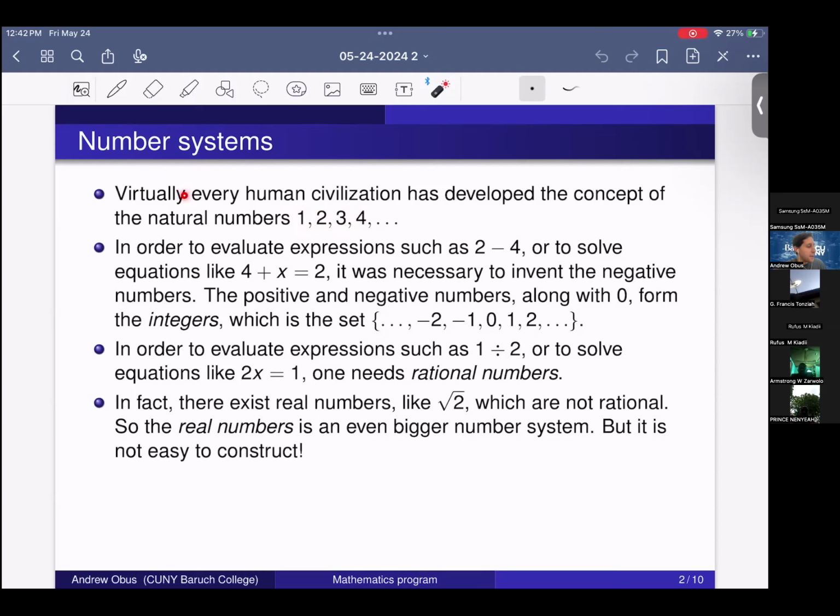I say virtually every civilization, because in particular there's a civilization in the Amazon in South America, the Piraha, who really only have numbers for 1 and 2, and everything bigger than 2, they just have a lot. It's interesting, the adults really do not count in this civilization. It's just a question of language.